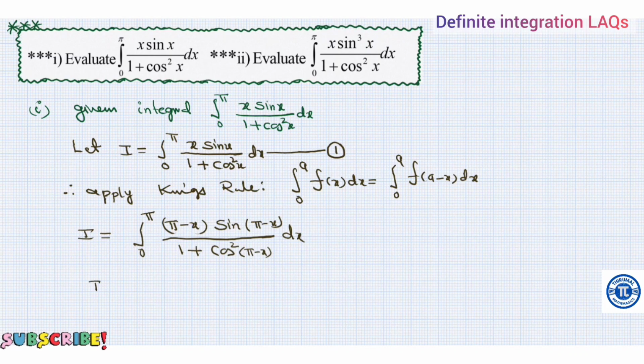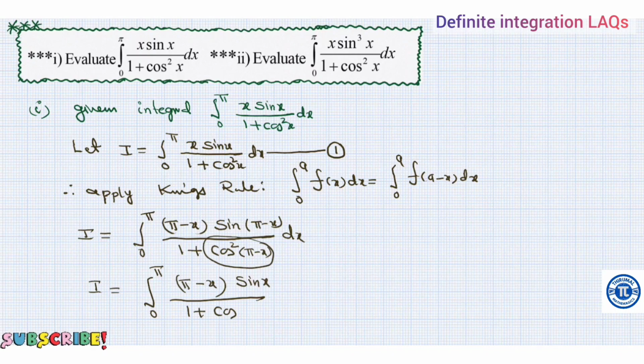Now it is equal to integration 0 to pi of pi minus x into sine x, since sine of 180 minus theta is sine theta. In the denominator, 1 plus cos of 180 minus theta is minus cos theta, whole square is plus cos square x dx. Let this be equation number 2.